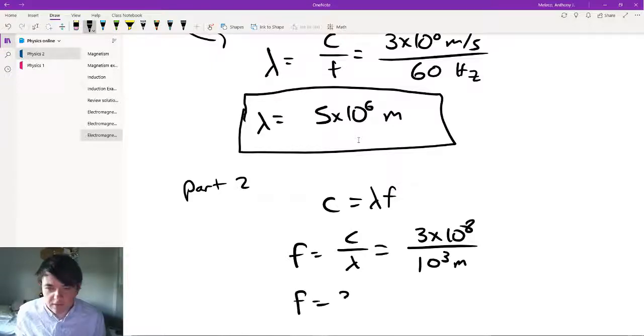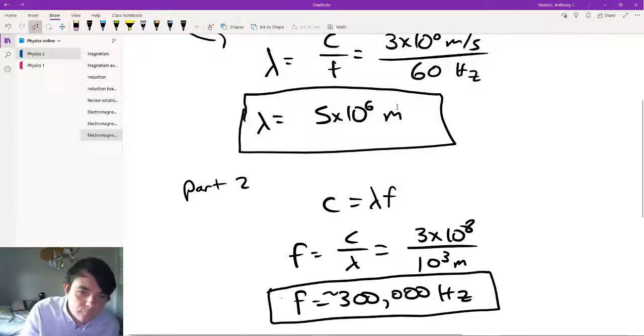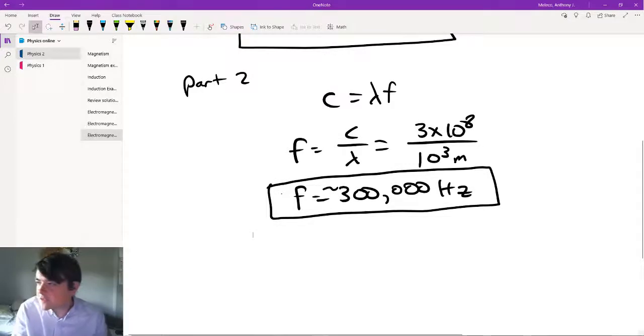And what I get is roughly 300,000 hertz when you divide that out. So that's how you solve those types of problems.